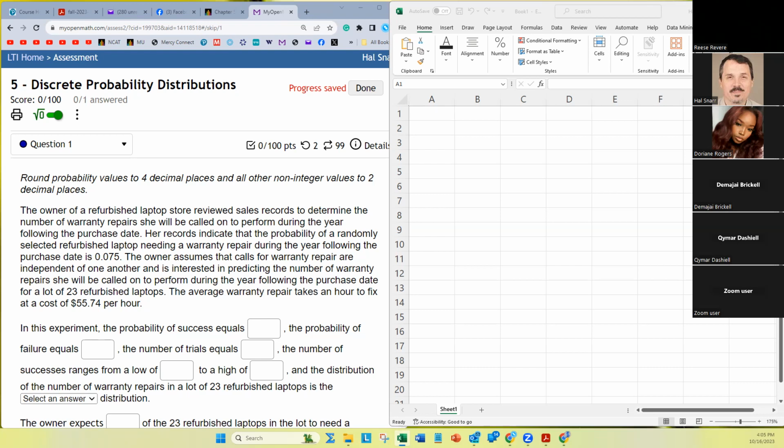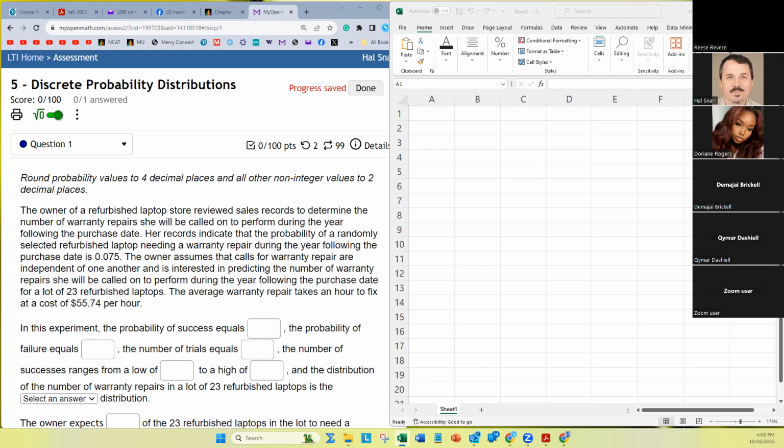And this is discrete because the owner of a refurbished laptop store reviewed sales records and determined the number of warranty repairs she'll be called on to perform during the year following the purchase date.